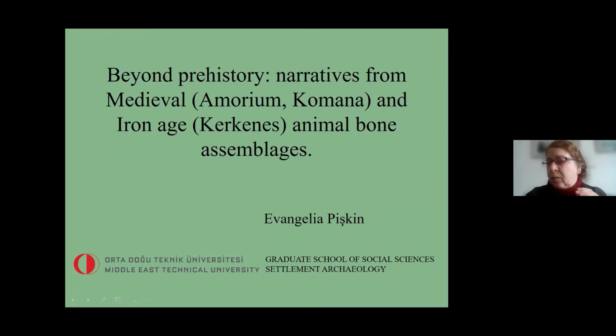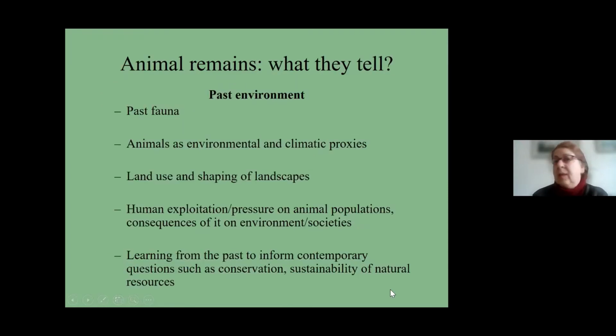As Janan already mentioned to you, the questions and the methods have become very wide. But what can the animal remains tell us? Firstly, they can talk to us about past environment. And obviously, the first thing you learn is what the past fauna was in the place where you work, the past animals that were there.